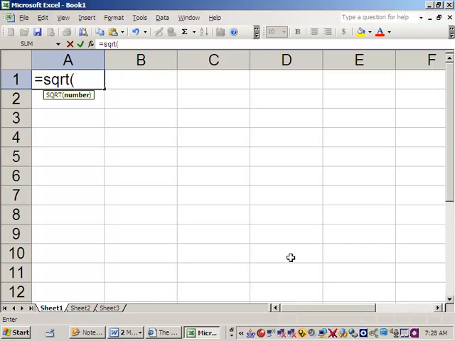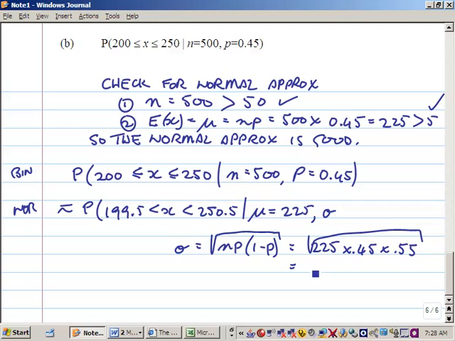Equals the square root of n 500 times 0.45 times 0.55. There's 11.12. So back to our statement of the normal distribution. Alright, so now we have two limits, a mean and a standard deviation.